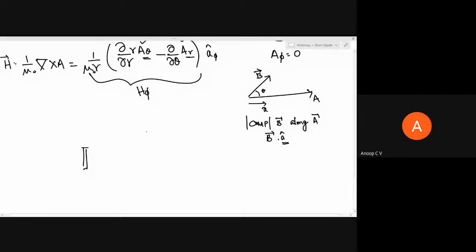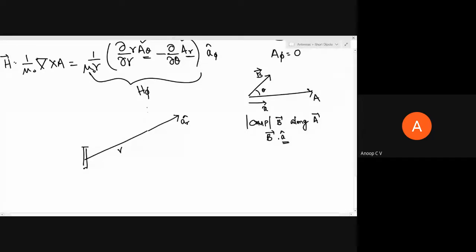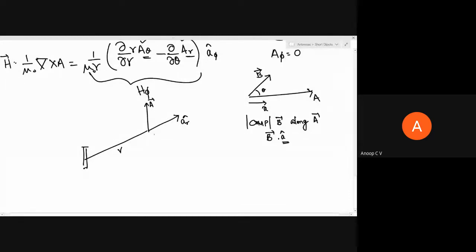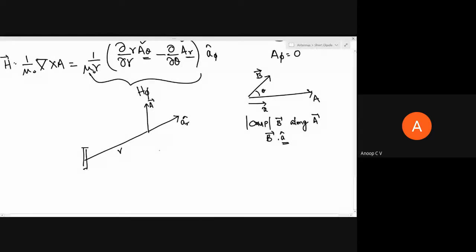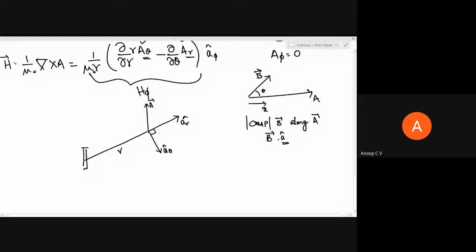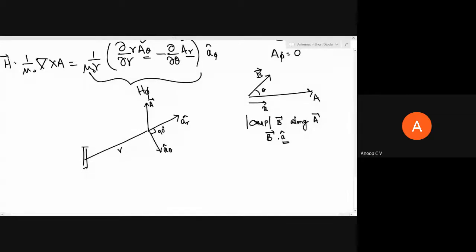we have this, ar cap is like this, and our vector Az is like this. So vector A is like this, and a theta cap will be like this. This will be a theta cap, unit vector. This angle is 90 degrees, and all these are in the same plane.